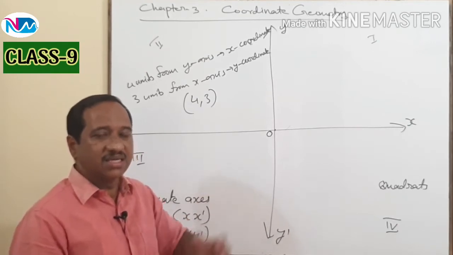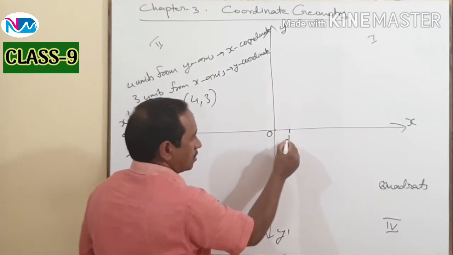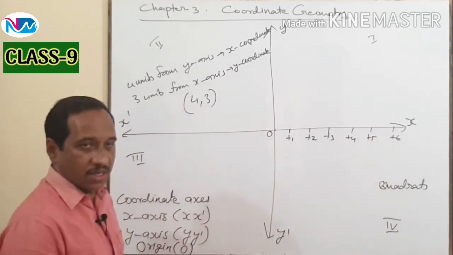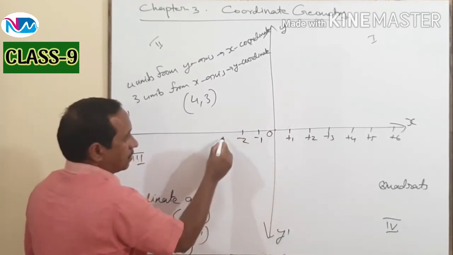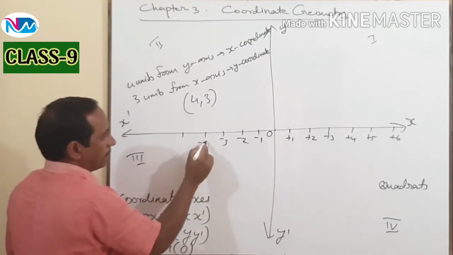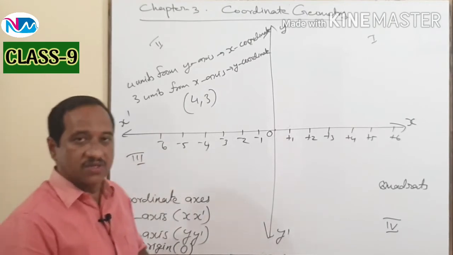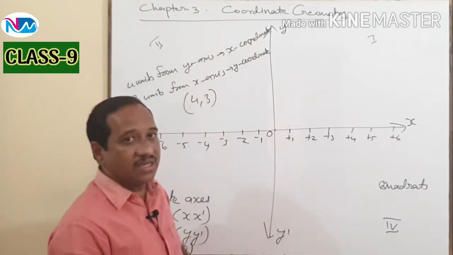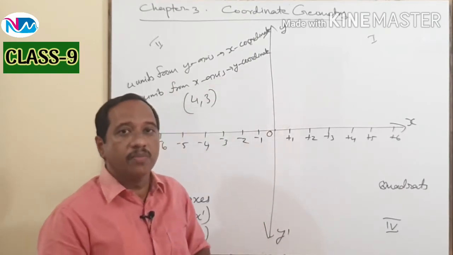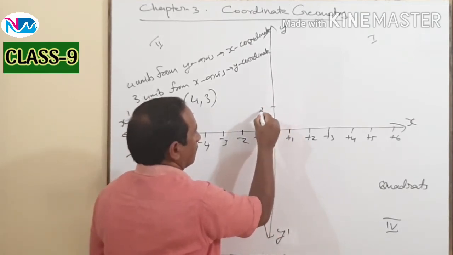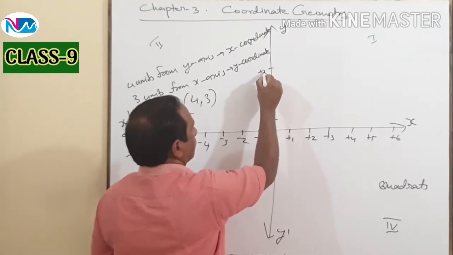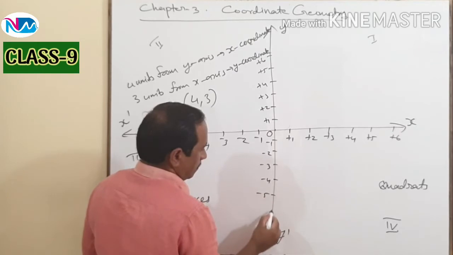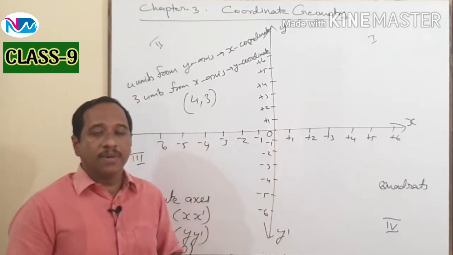So here we are going to mark these distances on x-axis like +1, +2, +3, +4, +5, +6, etc. And towards left as -1, -2, -3, -4, -5, -6, etc. Similarly, from the origin, if you go up, then those distances are marked on the y-axis as positive, and if you move down, will be marked as negative. So our Cartesian plane is ready.